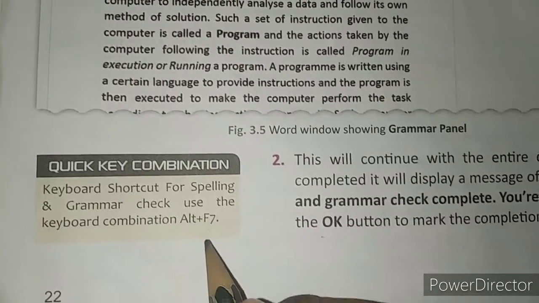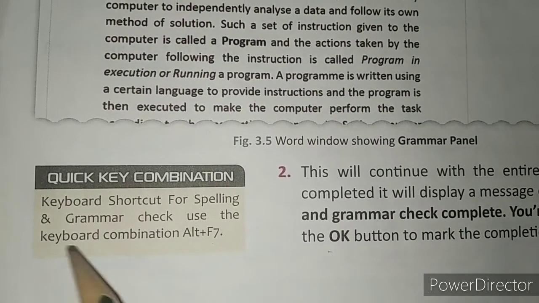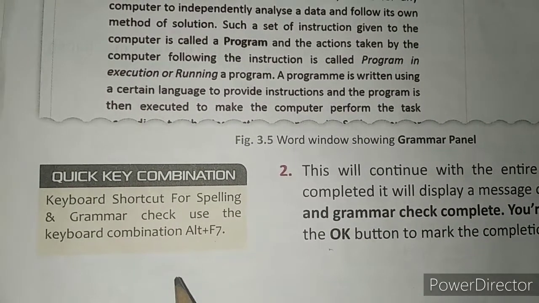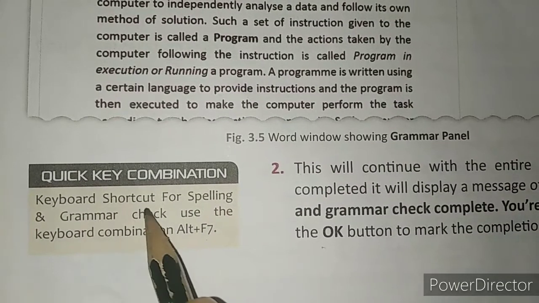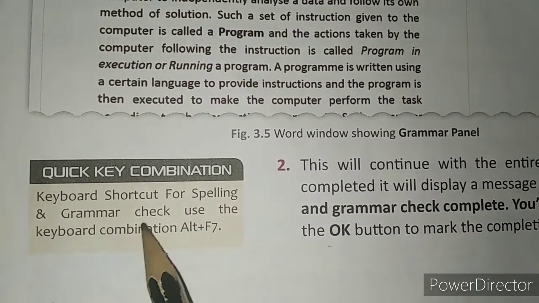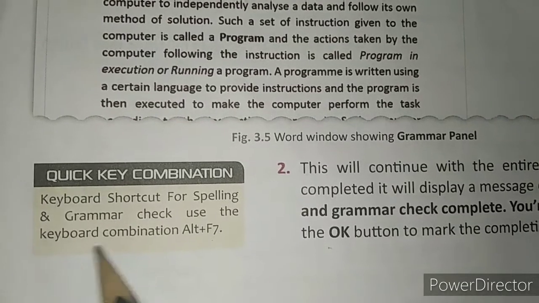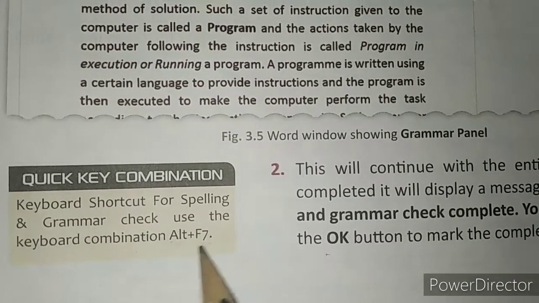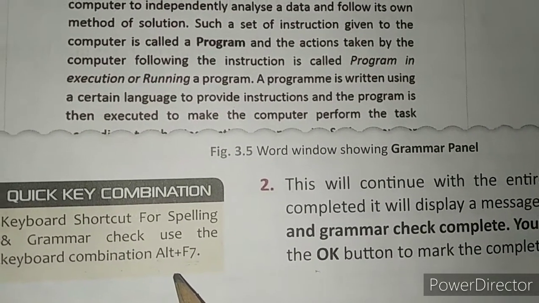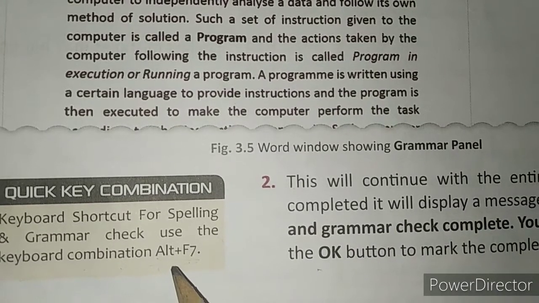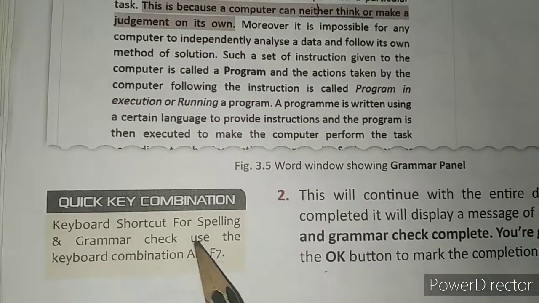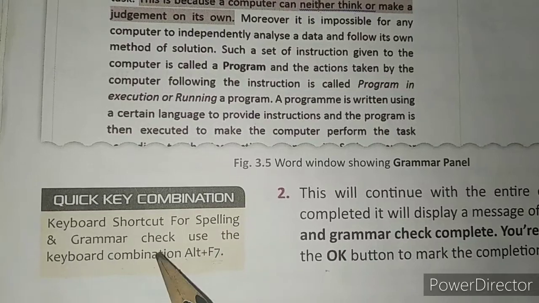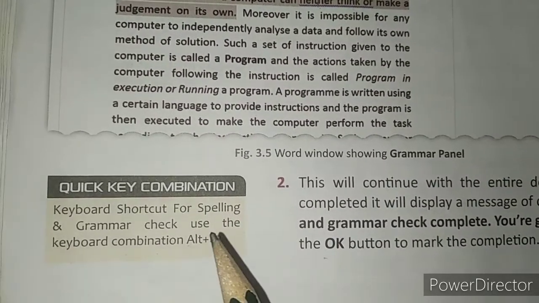And here is the keyboard shortcut for spelling and grammar check. Use the keyboard combination Alt F7. When you press Alt F7, the spelling and grammar check automatically starts, right?